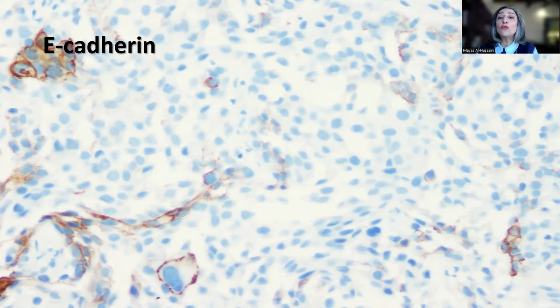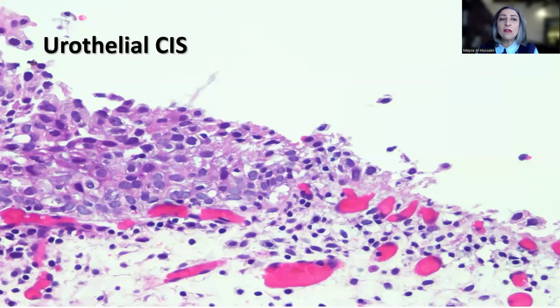We have to do further stains, and in this case in particular, all other stains were completely negative, but apart from the GATA3 positive in nuclear staining and the E-cadherin negative result, a negative staining, which means a positive result.